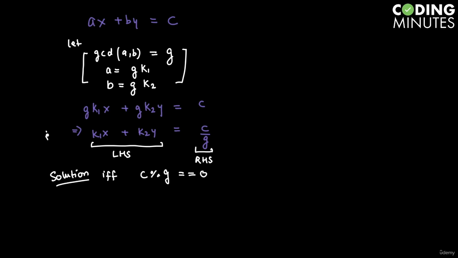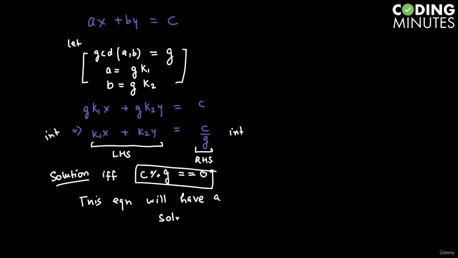That is the condition for the solution to exist. If c is divisible by the GCD of a and b, then this equation will have a solution.